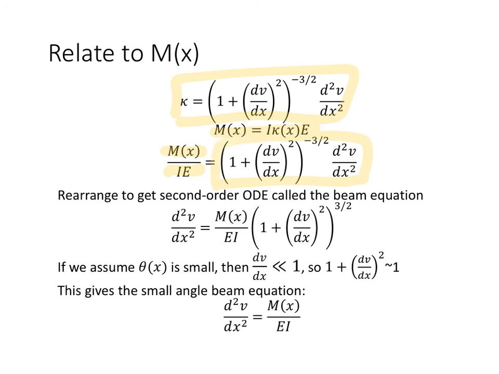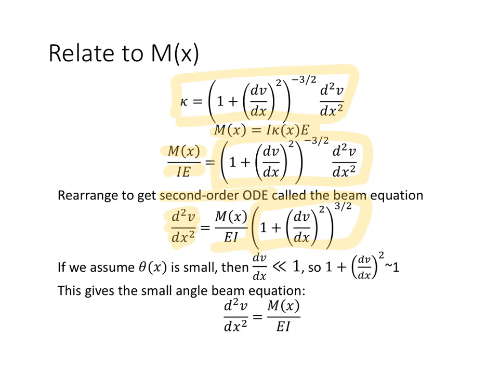If we rearrange this to get a second order ordinary differential equation by bringing the second derivative to the left side and leaving everything else on the other side, we have the second derivative, that is the curvature, the rate at which the deflection changes with respect to distance along the beam, is the bending moment divided by the flexural rigidity times this expression of the slope of the beam at each position.